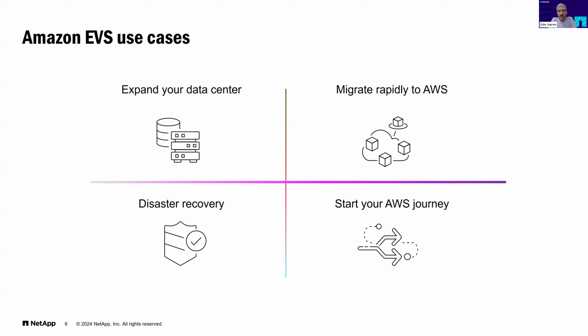And last but not least, EVS is a really good starting point for a customer's cloud journey due to the fact that if we look at the first use case, it's really easy to rapidly migrate your environment without major changes. But then when you're on cloud and you have the ability to start leveraging public cloud services such as AWS S3, Lambda, etc., you're able to start your modernization journey at your own pace.